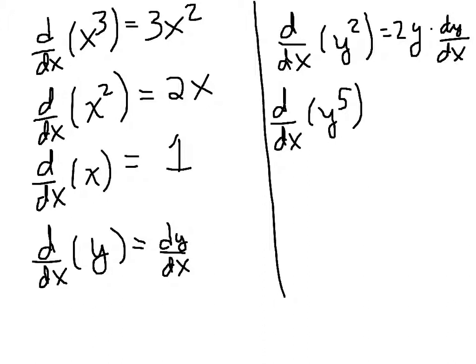And that dy/dx here at the end is the derivative of the inside function. And similarly, the derivative here is 5y to the fourth dy/dx. And that is the heart of implicit differentiation. Not very difficult, just remembering that you have to take the derivative at the end of the thing inside.